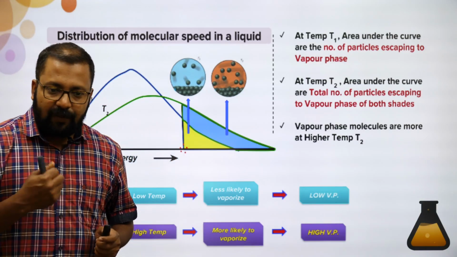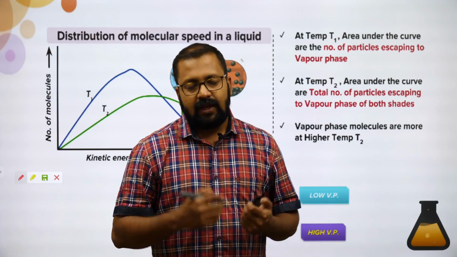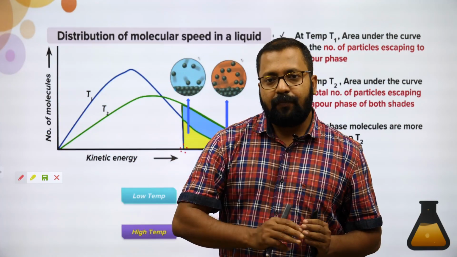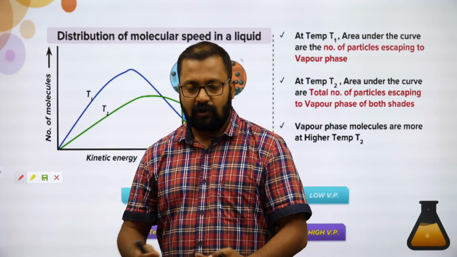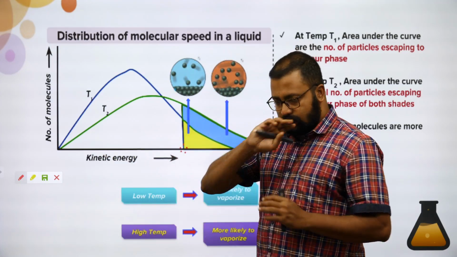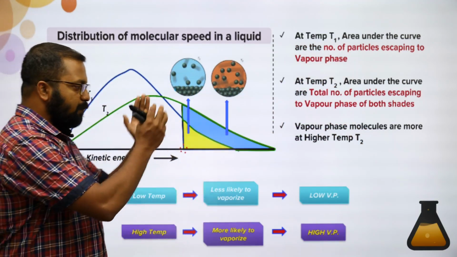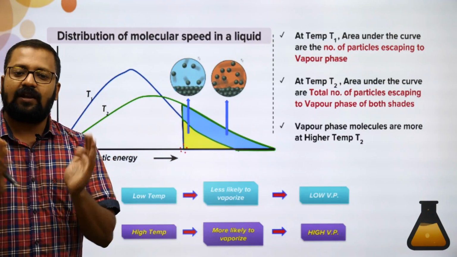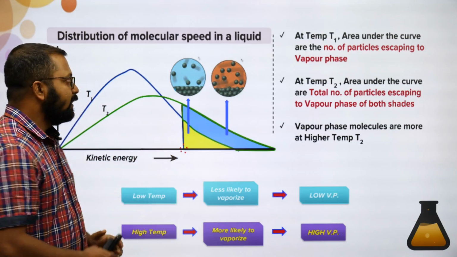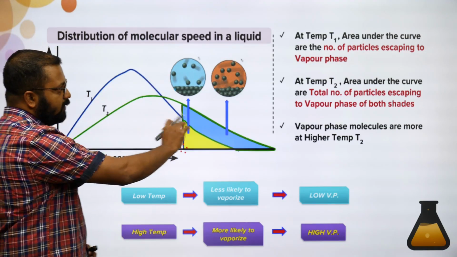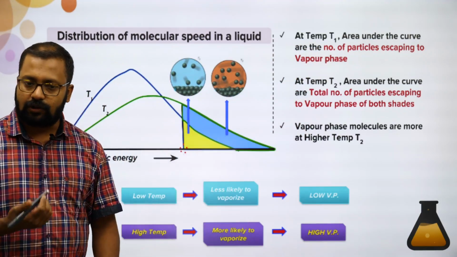Okay, until when will vapor pressure vary? As long as you keep increasing the temperature. A point will come where you increase the temperature so much that all of the liquid goes away. Yes, evaporation depends on surface area, but over here we are keeping the nature of the vessel constant, so we are not bringing the surface area concept in here. So as the temperature increases, the kinetic energy increases and vapor pressure also increases.